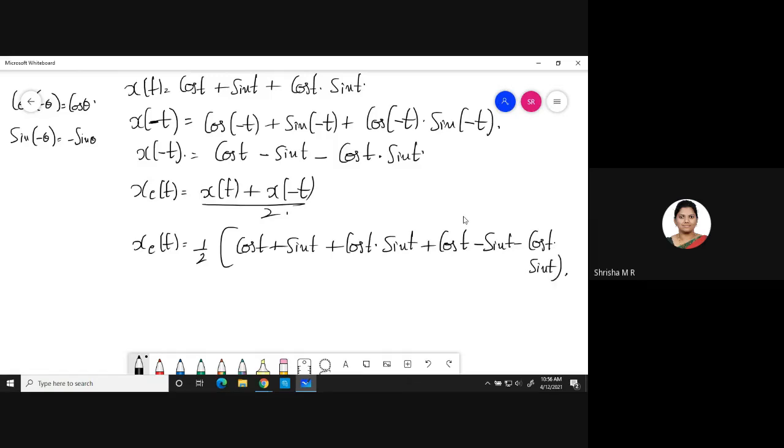Whichever is positive and negative will get cancelled: sin t and minus sin t, plus cos t sin t and minus cos t sin t will get cancelled. So x_e of t is half into 2 times cos t. Half and this 2 will get cancelled, so the even part of the signal is cos t.